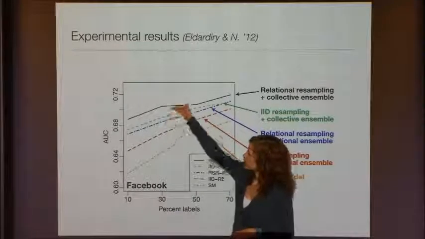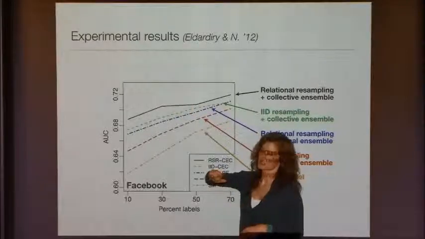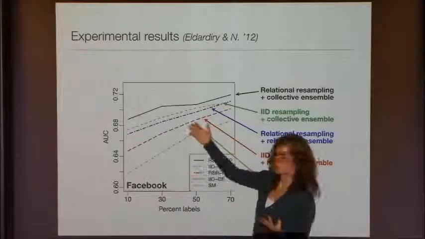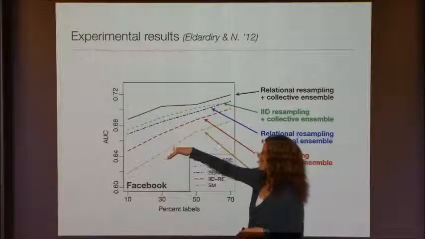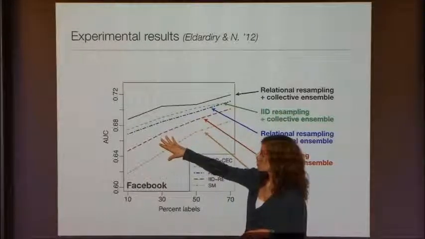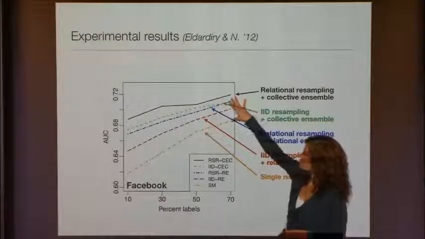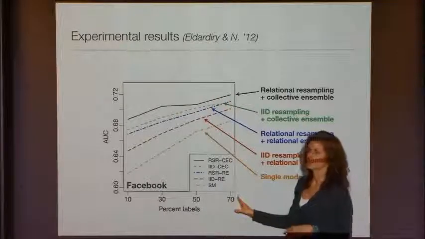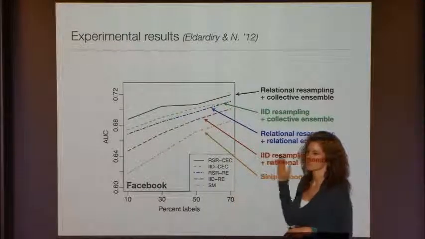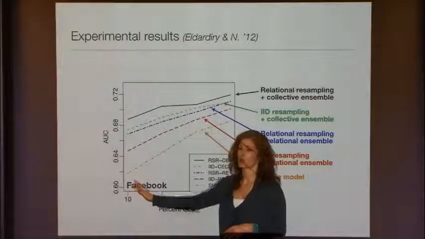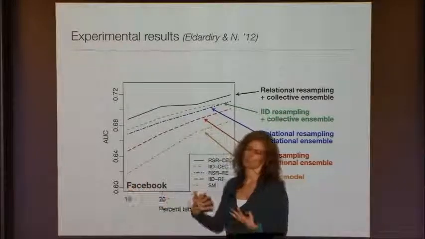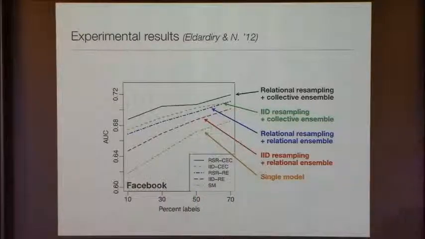And so we get the kind of gains you'd expect to see based on the theory for bagging results. And another thing I should note is that the gains get reduced as we have more and more labels in the graph, right? So these bagging type approaches are going to work better or have more impact when there are fewer things we know in the graph.